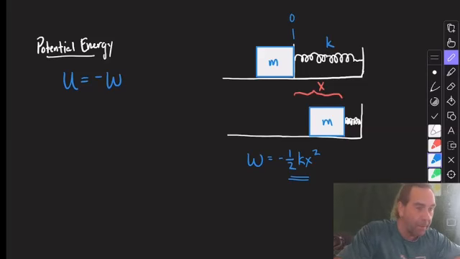Kind of stumbled over that again. So I'll say we define potential energy as the negative amount of work done on a system where there's an interaction. So potential energy is equal to negative amount of work. Just leave it there. The implication here is that there has to be some kind of reciprocated system.